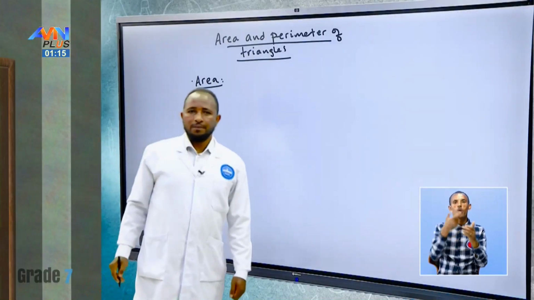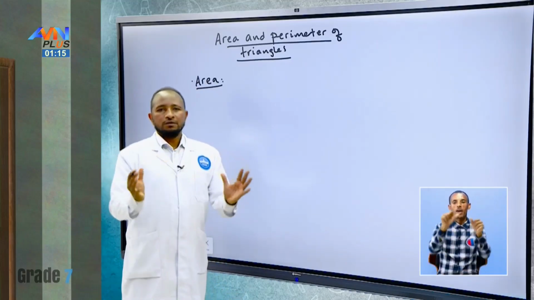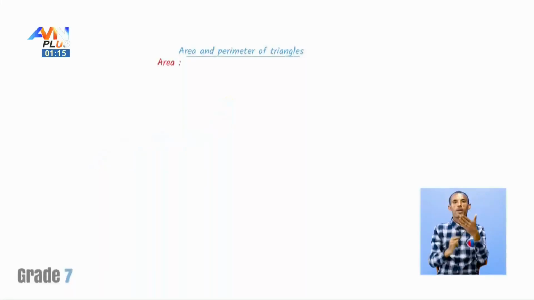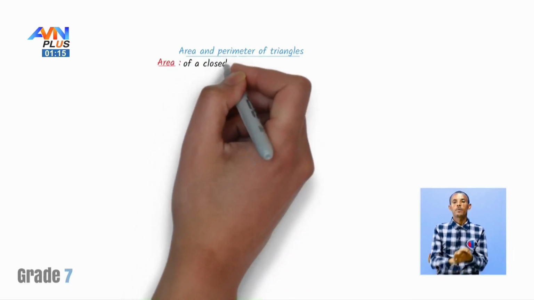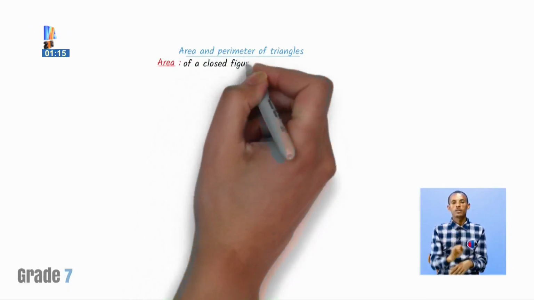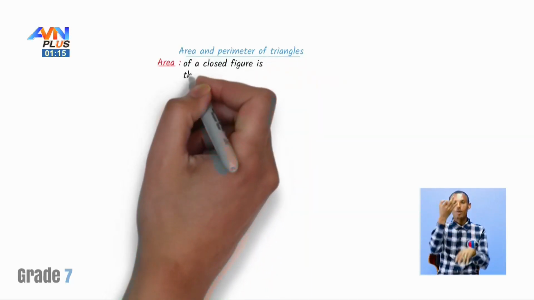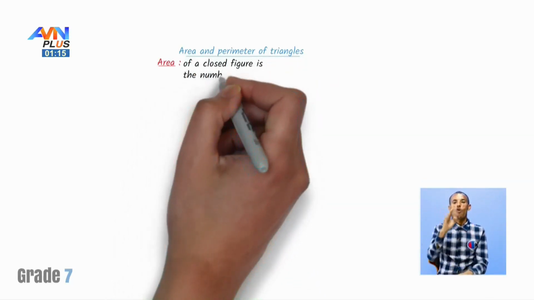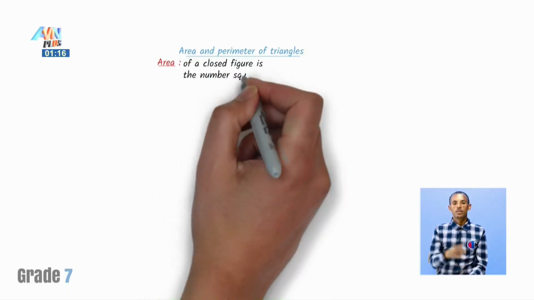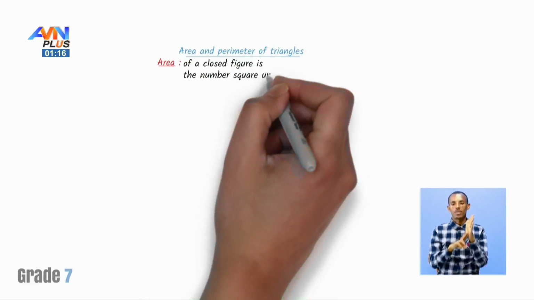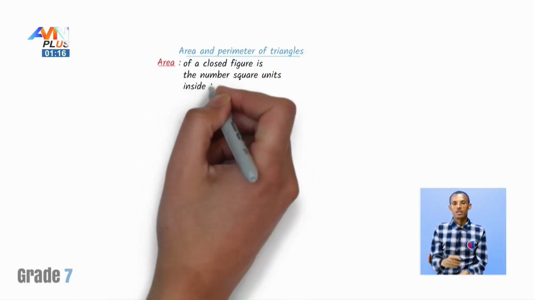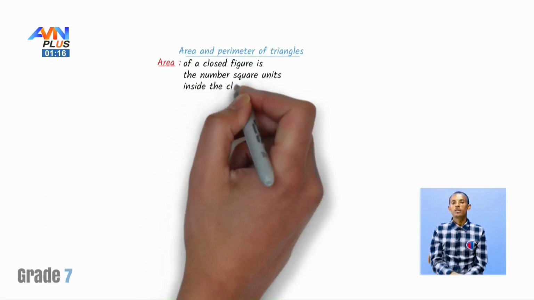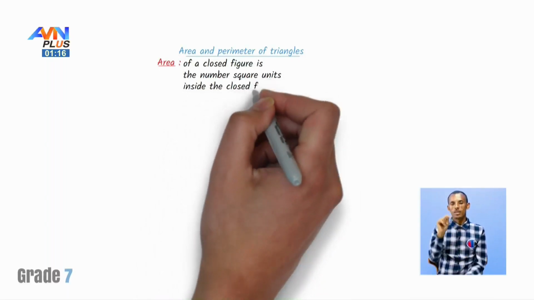So, what's area? Area of a closed figure is the number of square units inside the closed figure.